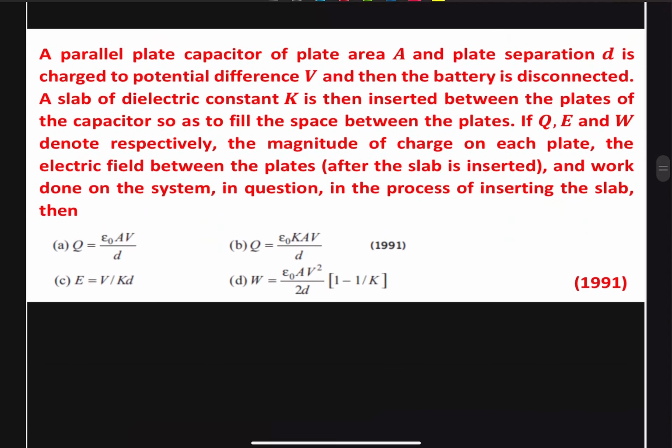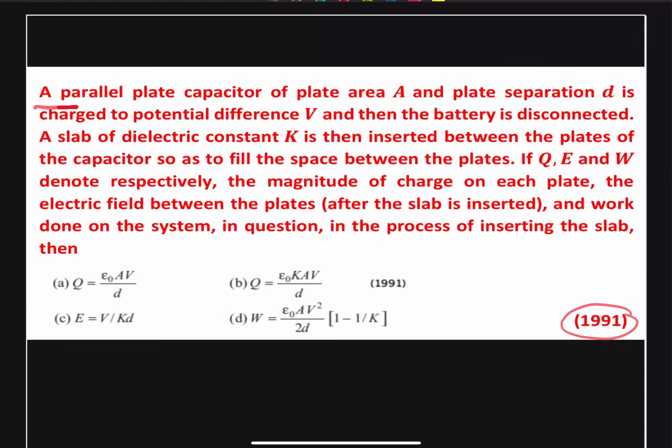Okay, next question, and it states that it was asked in the year 1981, and it states that a parallel plate capacitor of plate area A and plate separation small d is charged to a potential difference V, and then the battery is disconnected.